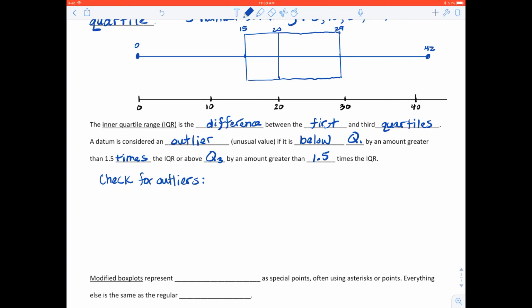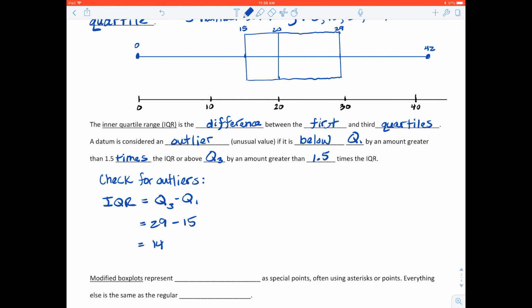So what is the interquartile range? The Q3 minus Q1, and that is 29 minus 15, which is 14.